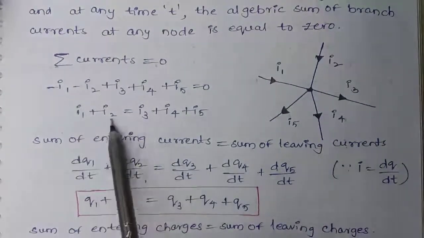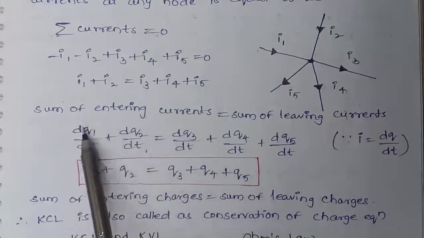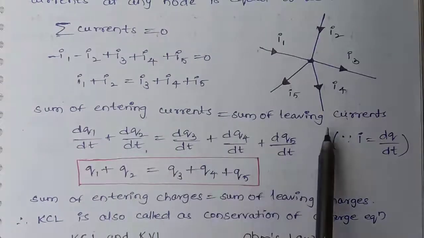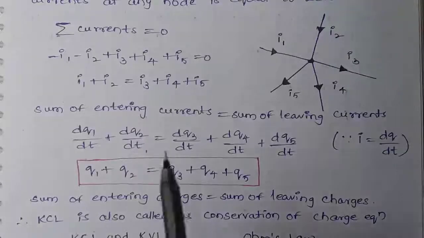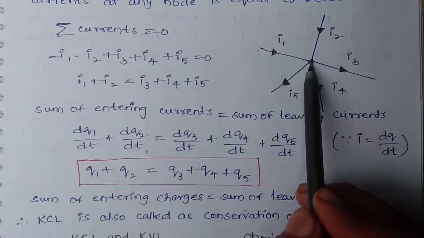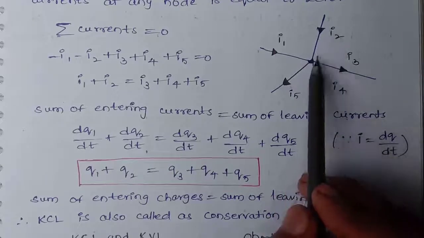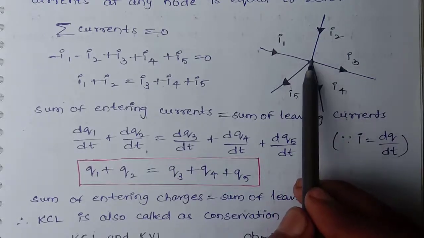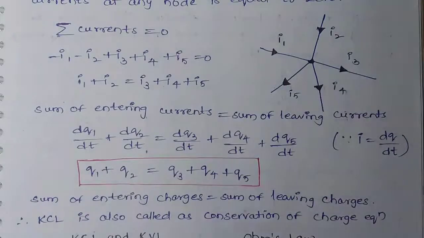That means how much current enters into this node, that much current should leave from this node. That is nothing but our KCL.